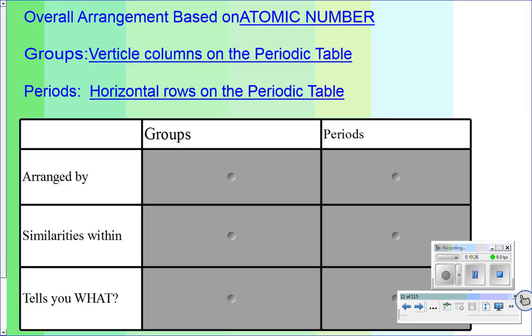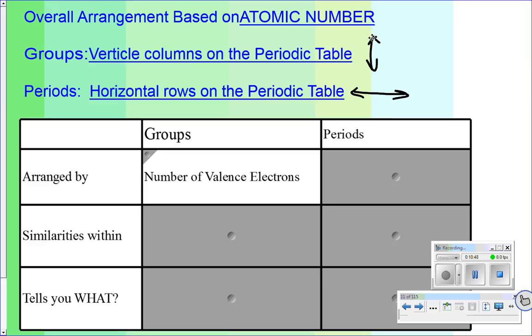Our groups are vertical columns. Those are going up and down. Our periods are horizontal, and those are labeled on your periodic table. You can see where it says groups and periods. And those are going horizontal, left to right. So groups, everything in the same group is going to have the same number of valence electrons.